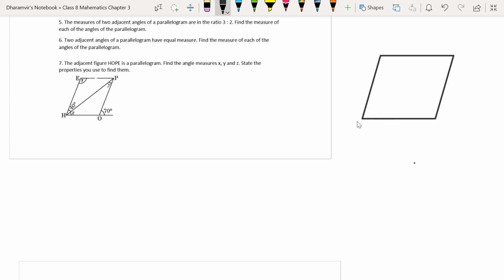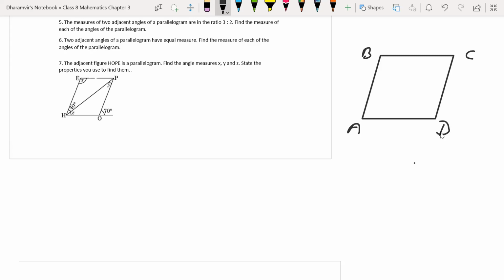Let's name it A, B, C, D. Now we have to find out two adjacent angles of the parallelogram in which two adjacent angles are in ratio 3:2.